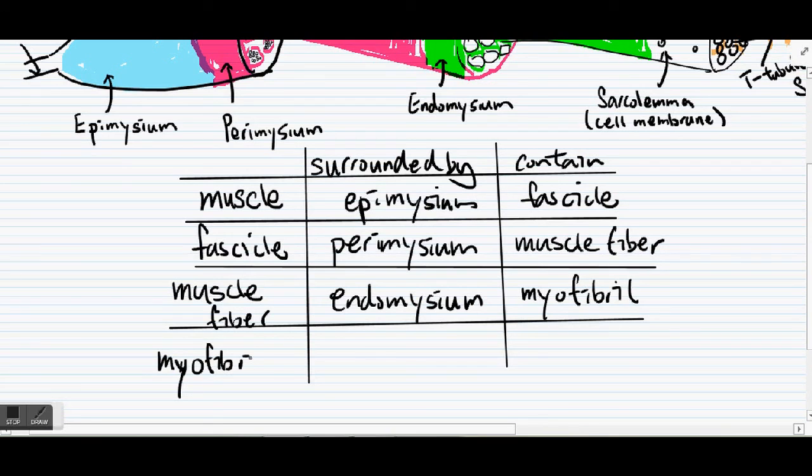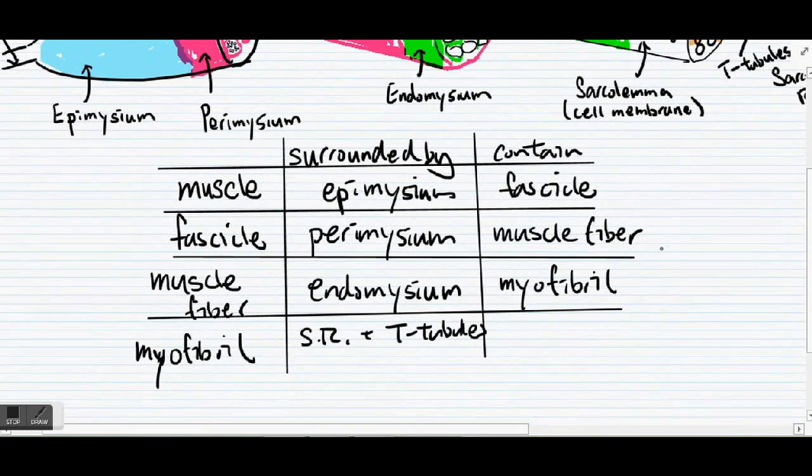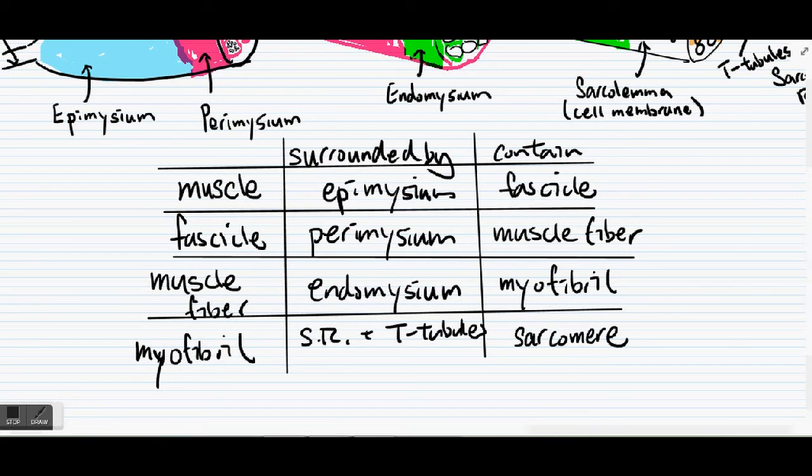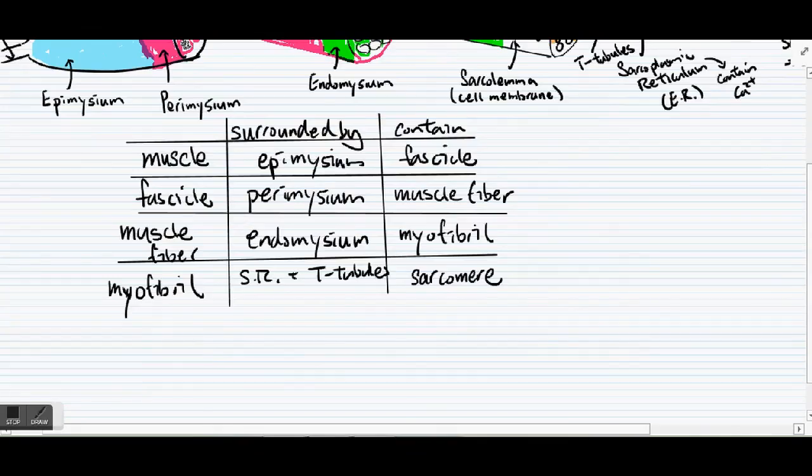The myofibrils are surrounded by the sarcoplasmic reticulum and these tubes called T-tubules. Remember, the sarcoplasmic reticulum is going to contain calcium. And the myofibrils themselves are made up of repeating units called sarcomeres. So there you have it.